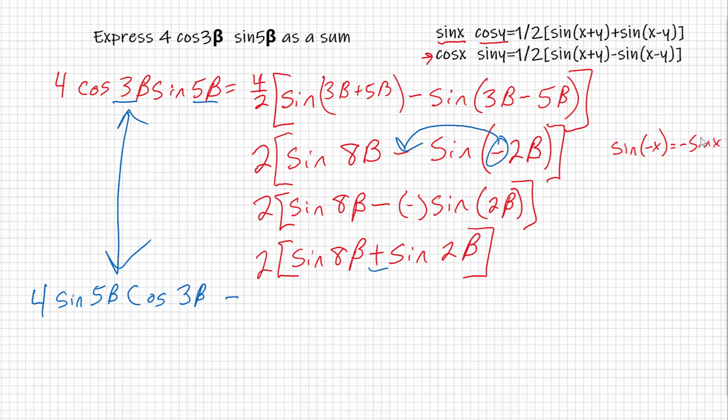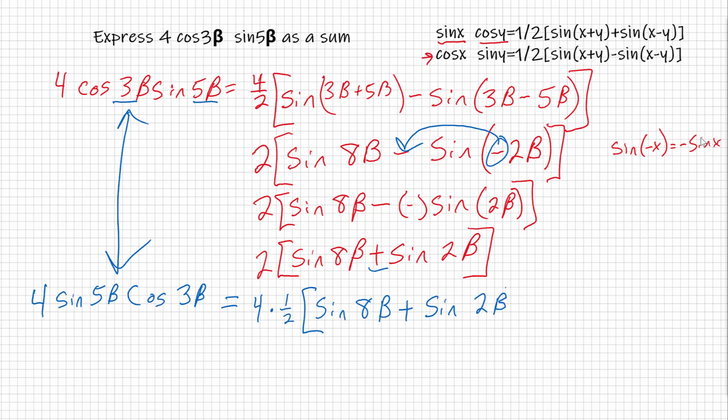Well, now in this case, when we take the 5 minus the 3, again we'll have 4 times a half times sine of 8 beta, just like last time, plus sine of 2 beta, because 5 minus 3 this time is a positive.